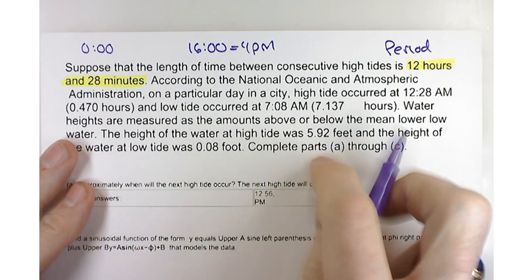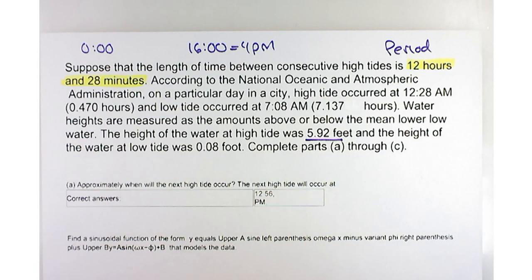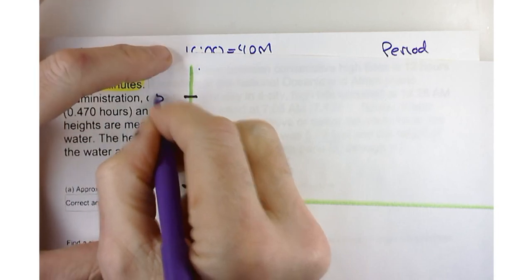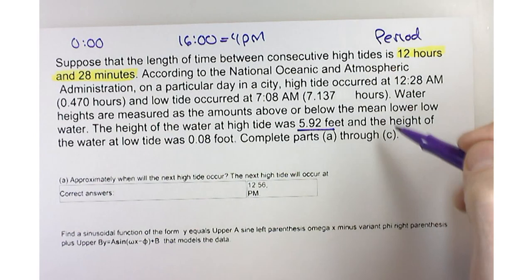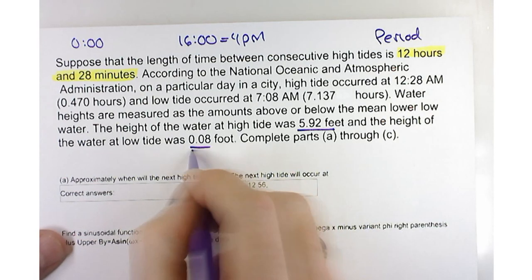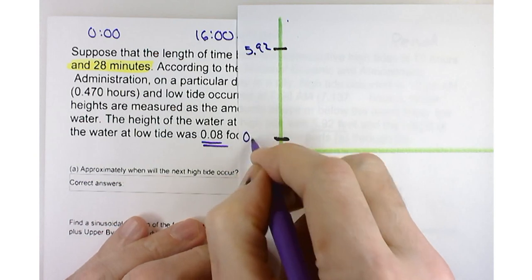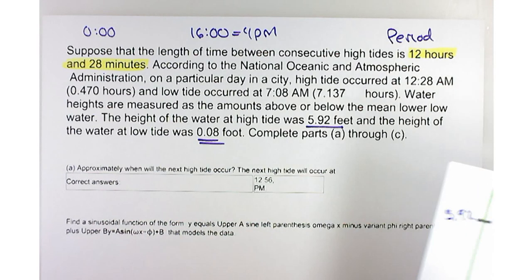High tide was at 5.92 feet. So let's put that on a little graph here. So that's going to be 5.92. Low tide is going to be at 0.08 of a foot. Let's see.